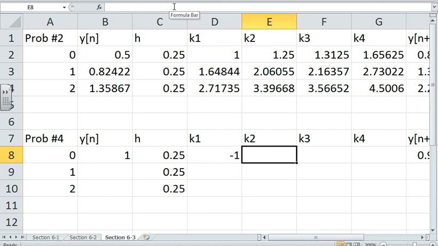And then K2 is going to be equal x. And x is going to be A8 times C8 minus y, plus 0.5 h, which is C8, minus, in parentheses, y, which is B8, plus 0.5 times C8, which is h, times K1, which is D8.